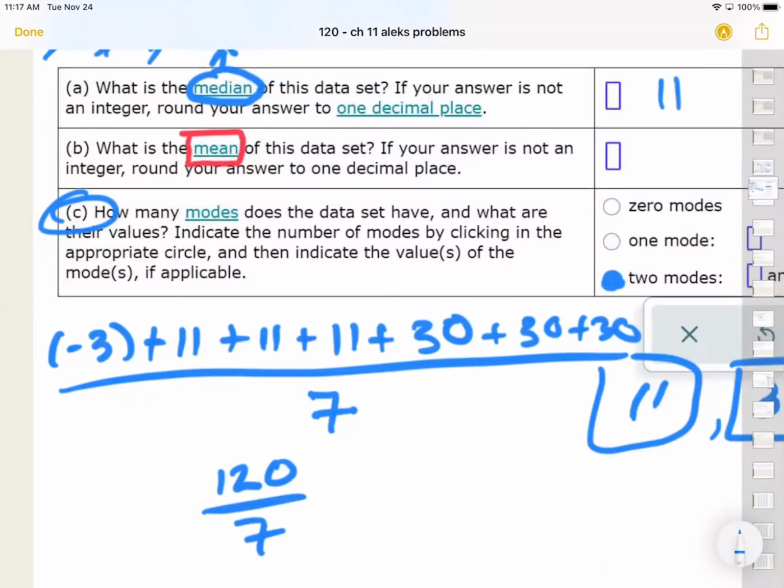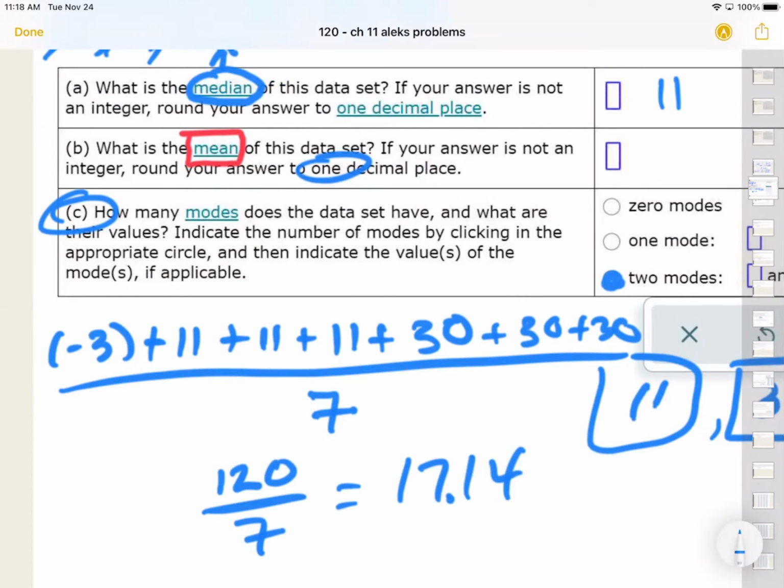You take 120 divided by 7. Your mean is the average. 120 divided by 7 gives you 17.14, right? They ask how many decimals they want, so 17.1.